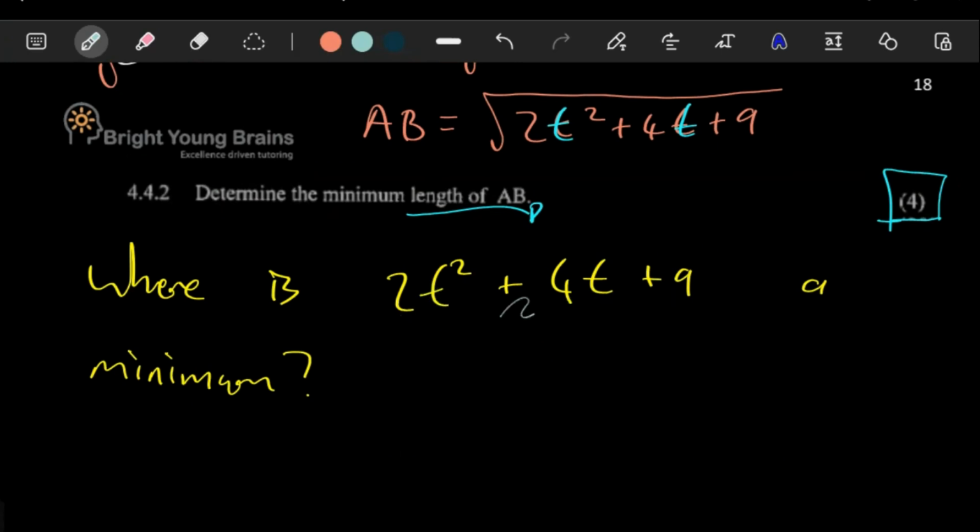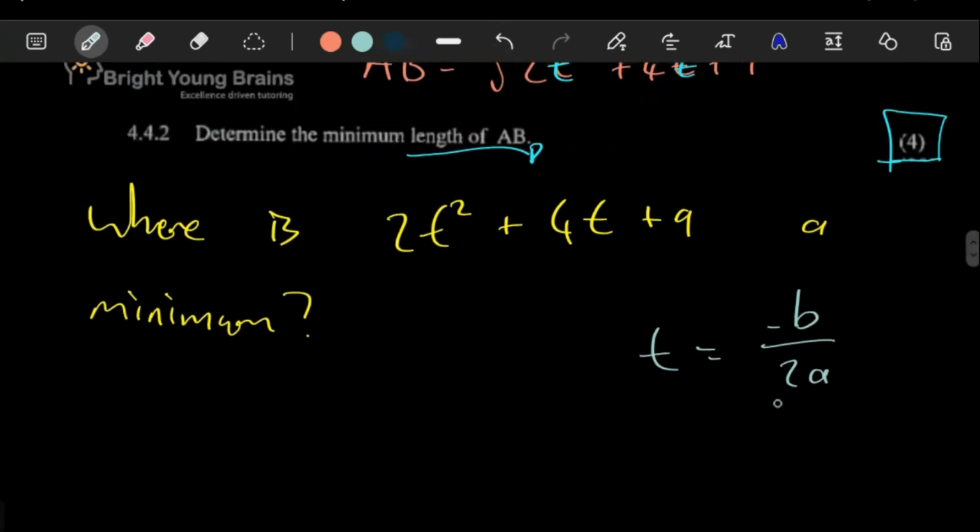Apart from that, since it's a parabola, you can also just use the formula x equals minus b over 2a. This can also give you the value of t at the turning point.